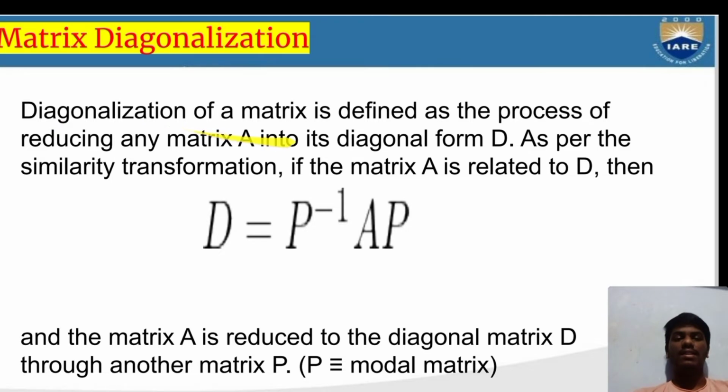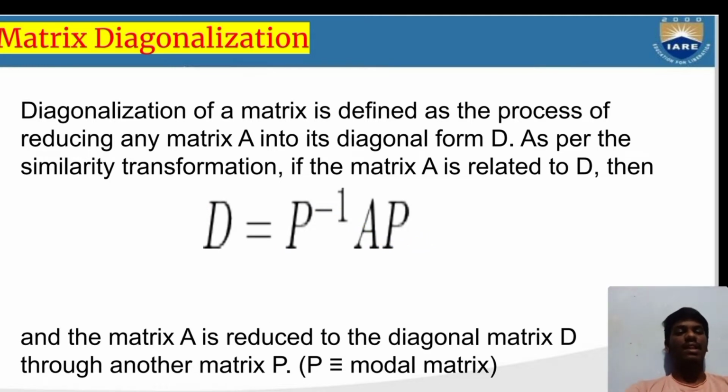Diagonalization of a matrix is defined as the process of reducing any matrix A into its diagonal form D. As per this similarity transformation, if matrix A is related to D, then D equals P inverse AP.